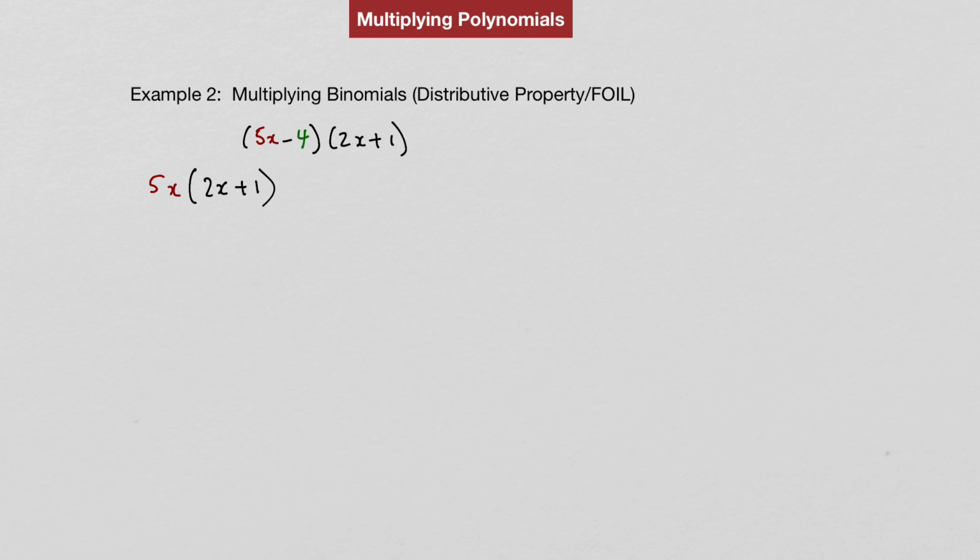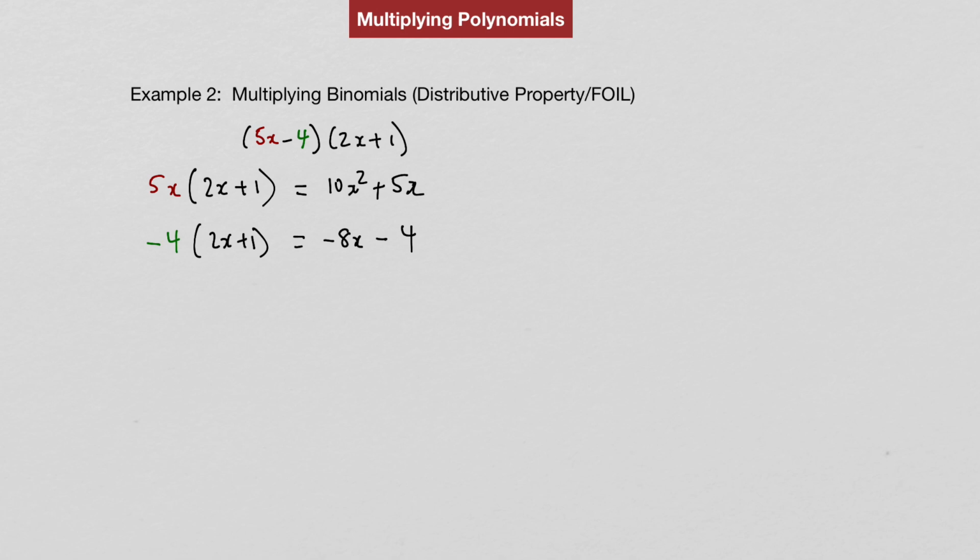And that would equal 10x squared plus 5x. We would then take the second term of the first binomial, so this would be negative 4, and we would multiply that by 2x plus 1 and get negative 8x minus 4.